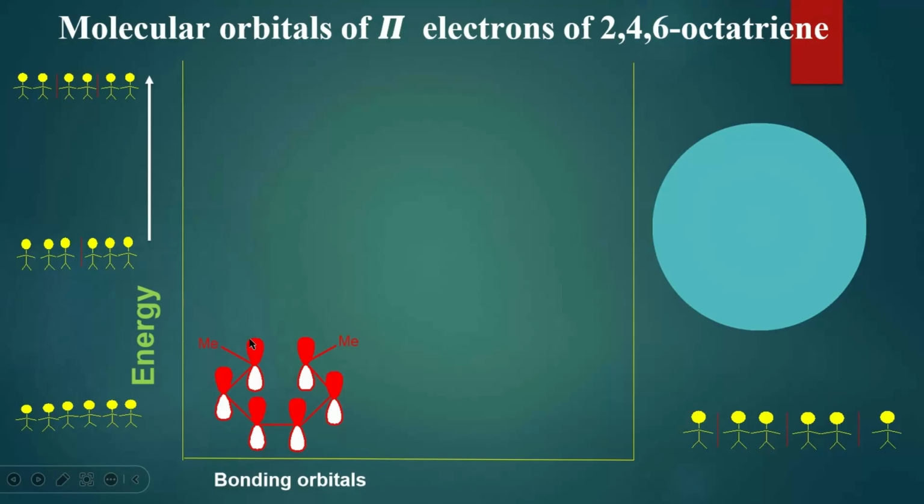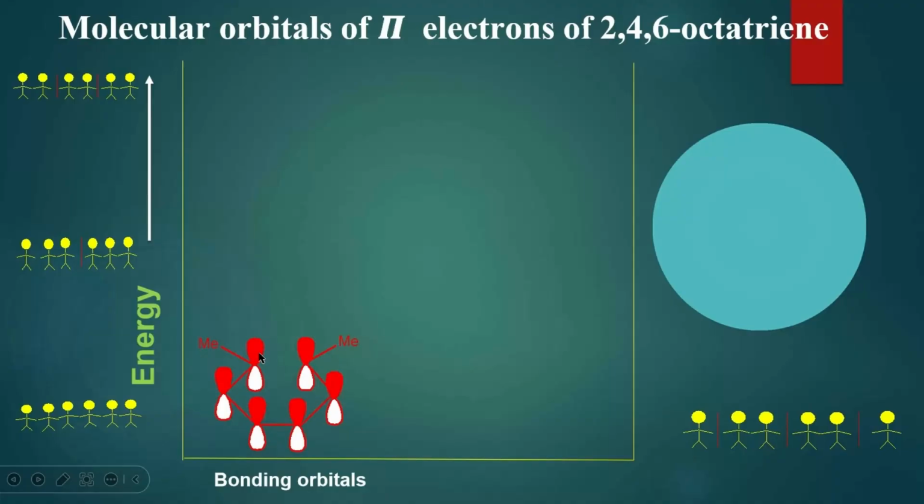The pi bonds have pi orbitals, or 2p orbitals, which are perpendicular to the plane of the system. These 2p orbitals, between 2 and 3, 4 and 5, and 5 and 6, are represented over here.